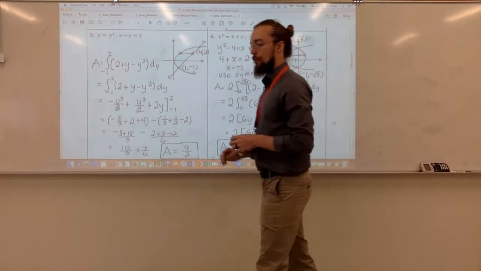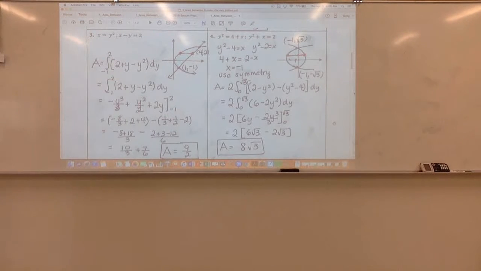Today, then, we are going to start talking about how to find volume. So volume is the final idea of AP Calc. We are gonna take a look at a few different ways to find volume, but we are starting the final idea here.